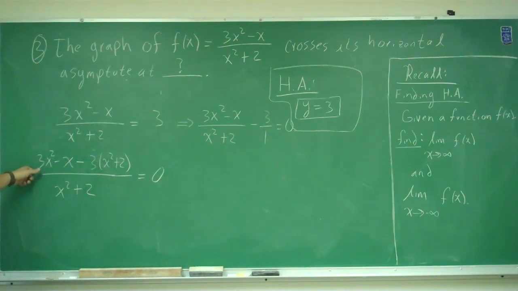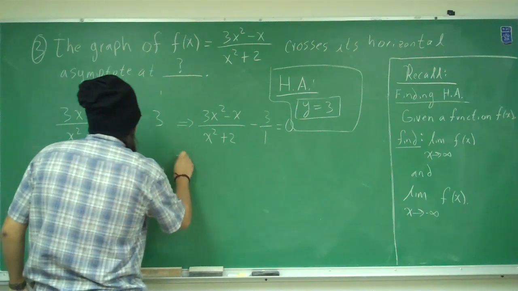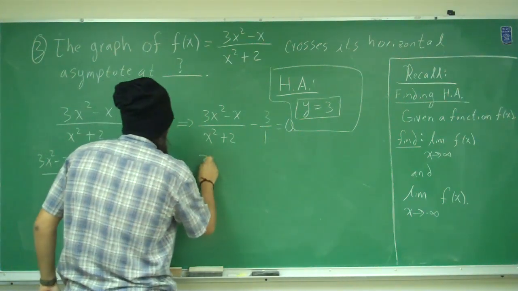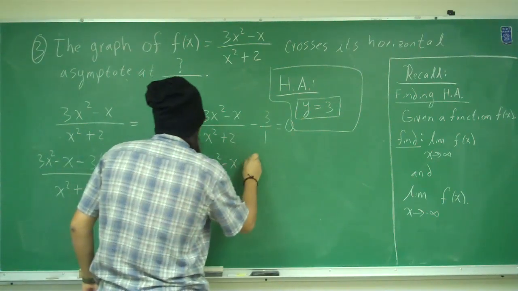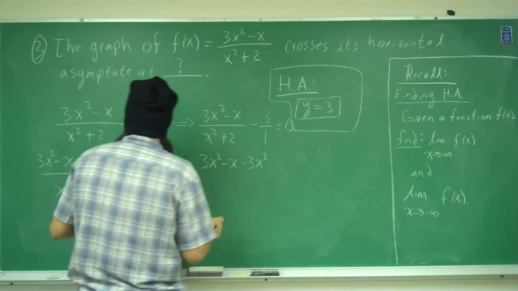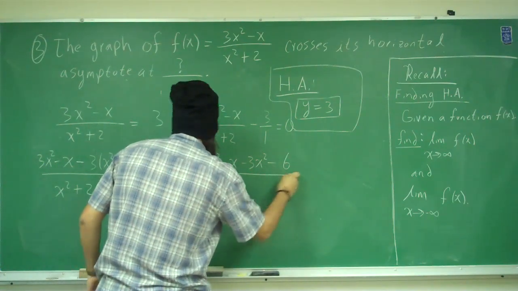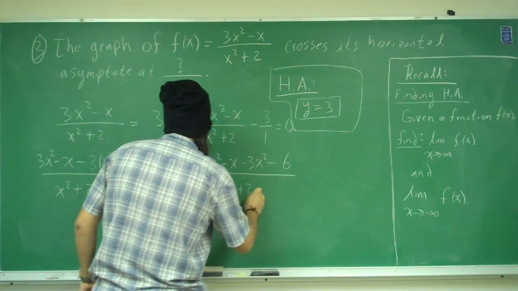Alright, so let's go ahead and distribute the minus 3 to both of these terms. So now we have 3x squared minus x minus 3x squared minus 6, and that's all divided by x squared plus 2.